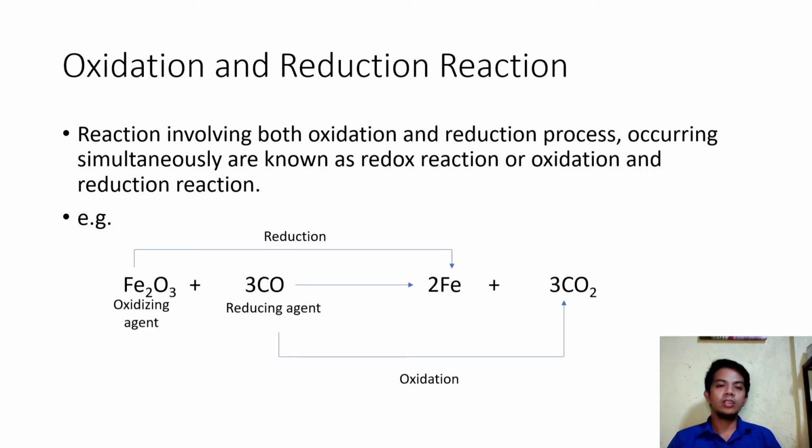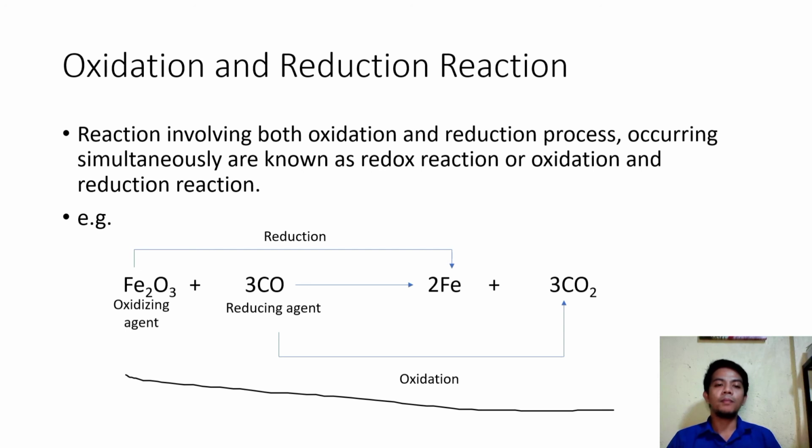So oxidation and reduction reaction. A reaction involving both oxidation and reduction processes occurring simultaneously is known as a redox reaction, or oxidation and reduction reaction. For example, in the extraction of iron from its ore, an oxidizing agent gives away oxygen to another substance.